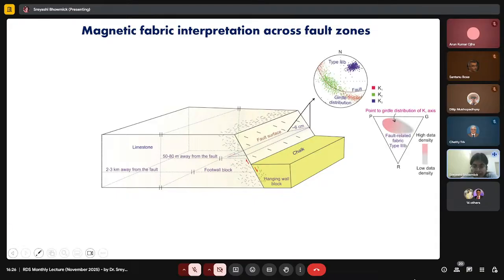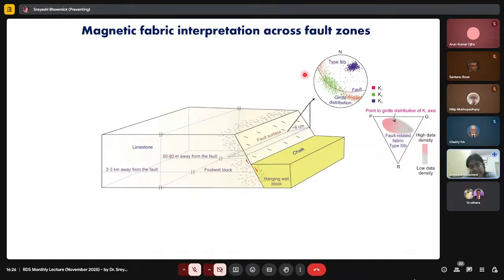Now, to start with, we will look at the fault surface, and we will see what sort of magnetic fabric we can find here. So this magnetic fabric, as I already mentioned, depends on the distribution of the AMS axis. So this is the K1, K2, which defines the magnetic foliation, and K3 is basically the pole to it.